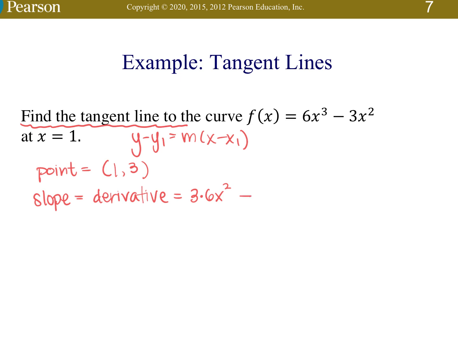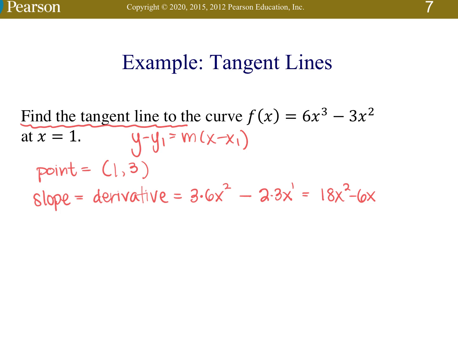And then minus, and then the 2 gets moved in front of the 3x, and the new power is simply 1. So I look at that and I say, oh, that's 18x squared minus 6x. That is called my derivative.